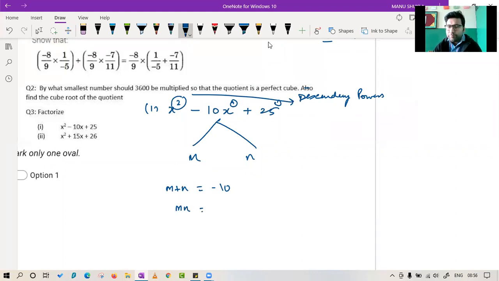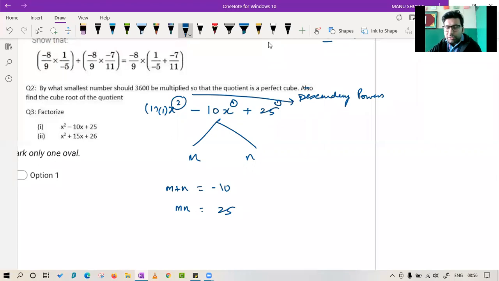Class, it should be 25 into 1 because the coefficient of x square is 1 only. So it should be 25.